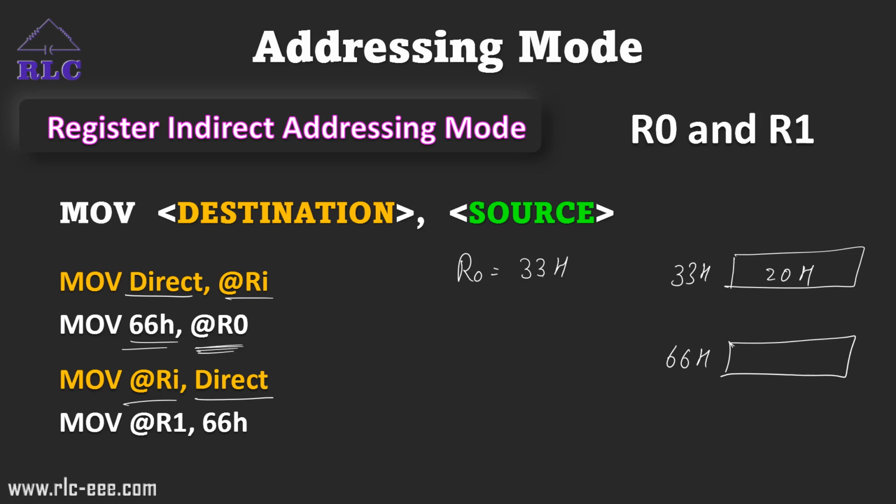Now R0 is having 33H, so whatever data is present in this 33H will be transferred to 66H. So 66H will have 20H after this instruction is executed.